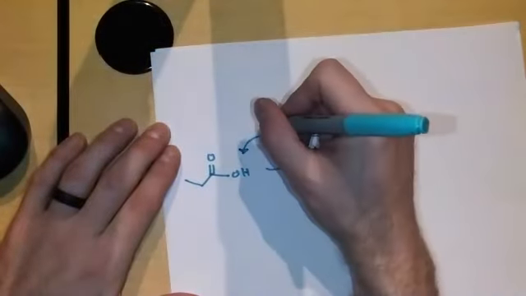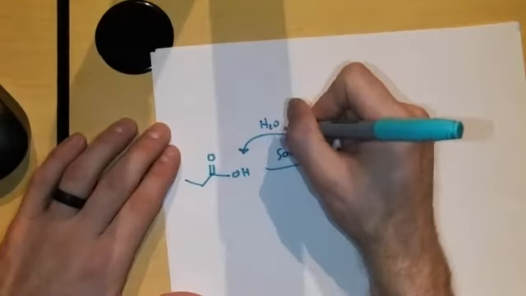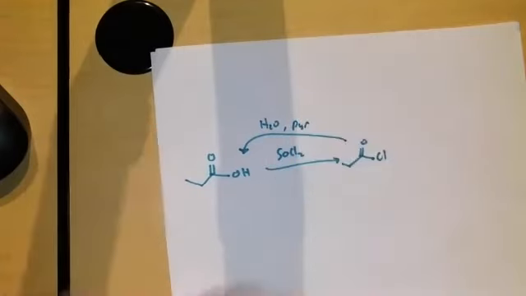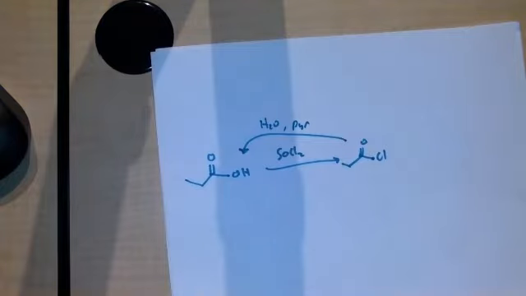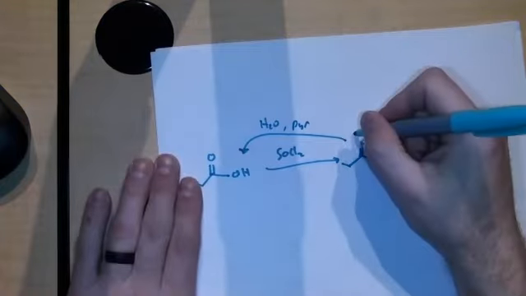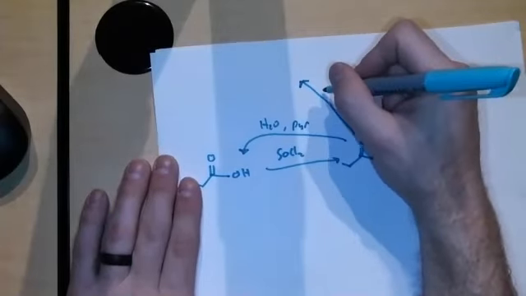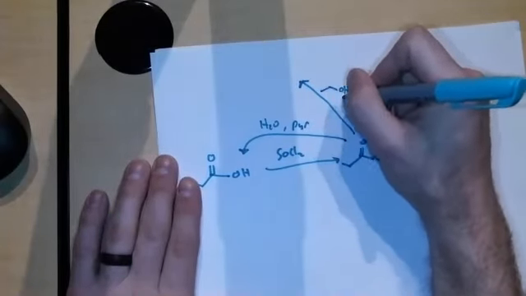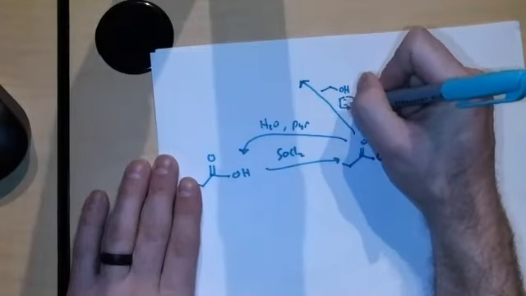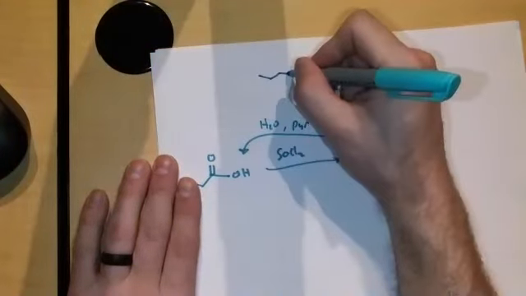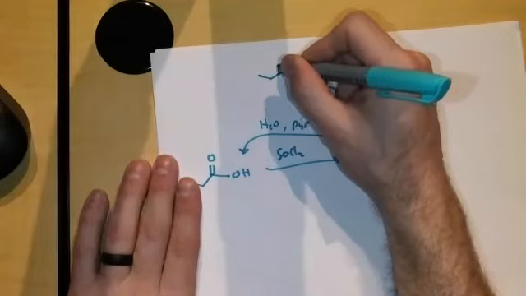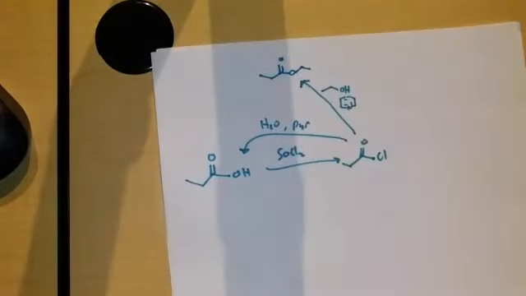If we throw in water and pyridine, we can go backwards and get our carboxylic acid back. We throw in, I don't know, let's say ethanol, pyridine. We can make our ester.